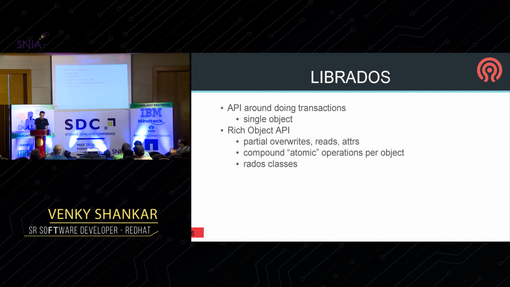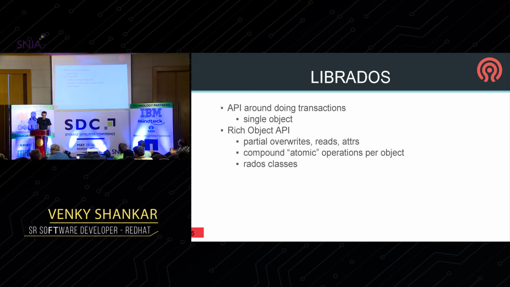LibRados provides a rich object API. We all know object APIs put, get, delete, but it provides much more than that. You can do partial overrides, reads, set attrs on it, so it's much more capable. The partial overrides and reads make LibRBD pretty easy.